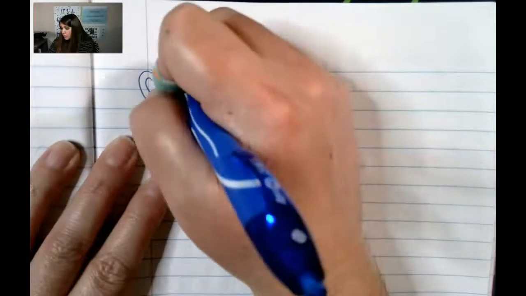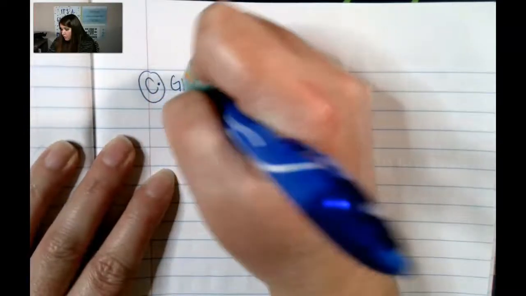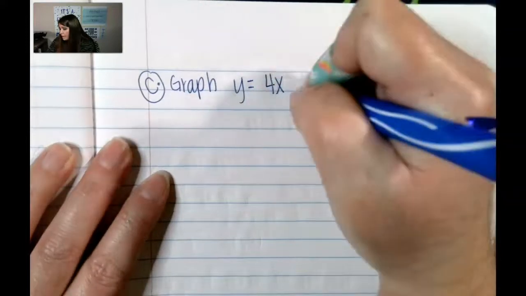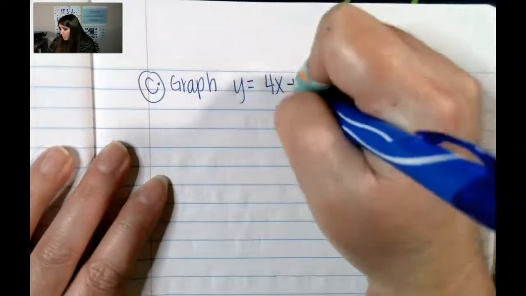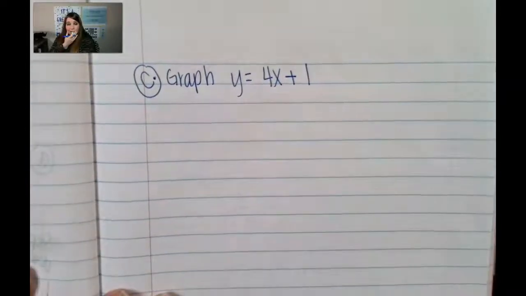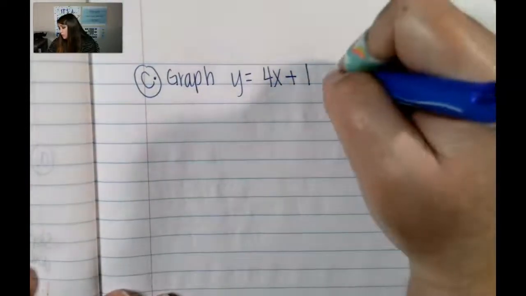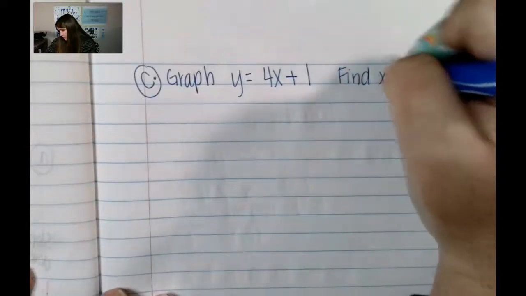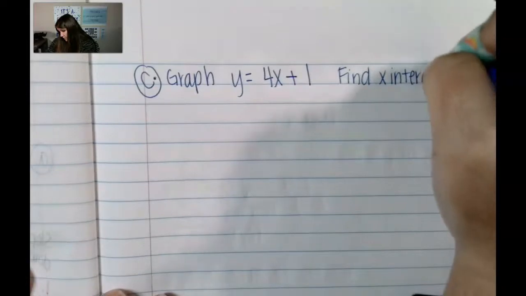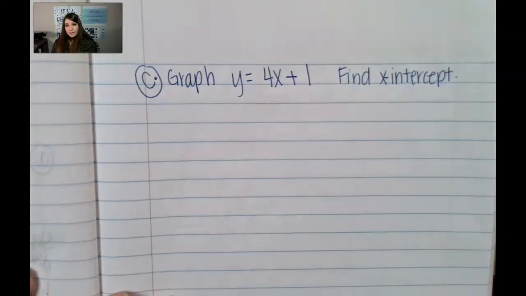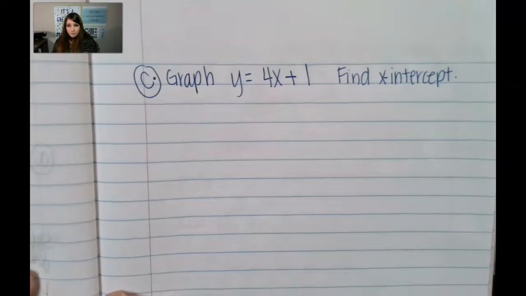Okay, so we're going to graph y equals 4x plus 1. And in this problem, you also need to find the x-intercept. So you're really creating those 2 points to find the x and the y values.